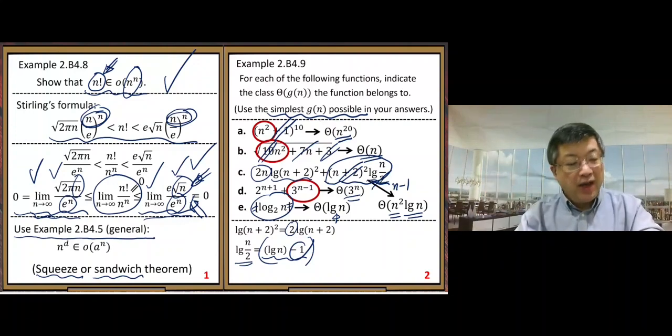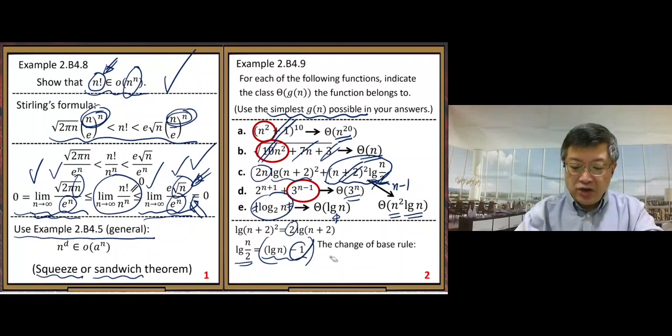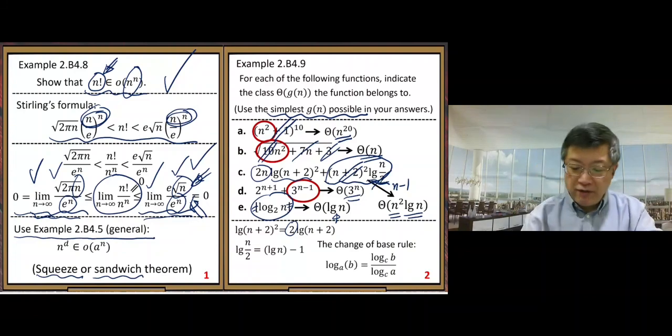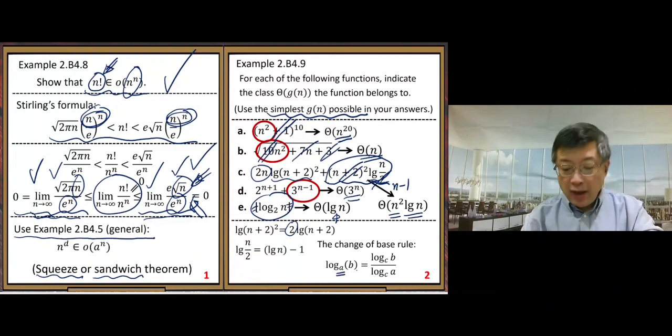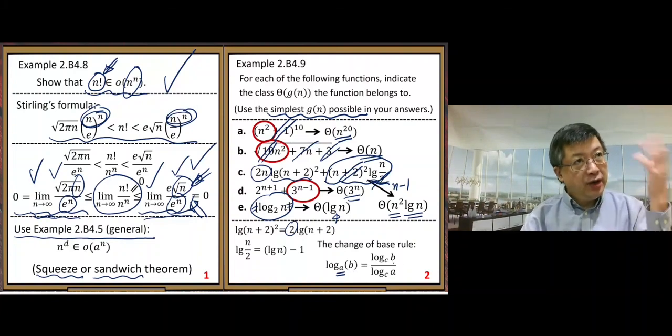At the end, just a review of the change of base rule of the logarithm function. Suppose you have base A of log B, but now you'd like to change to a different base. Then you have this formula. It is a fraction.